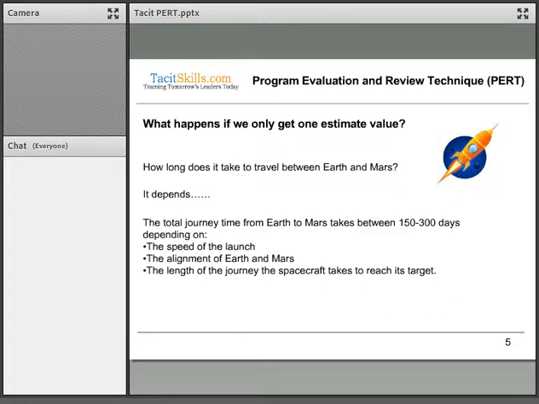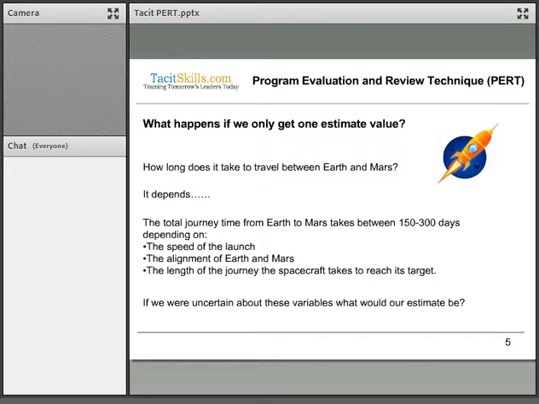It might use Earth or something else as a slingshot effect to get to Mars. But if we look at the normal time frames for a journey from Earth to Mars, they normally say it takes between 150 and 300 days. And that is the uncertainty on that factor of where it's going to lie.